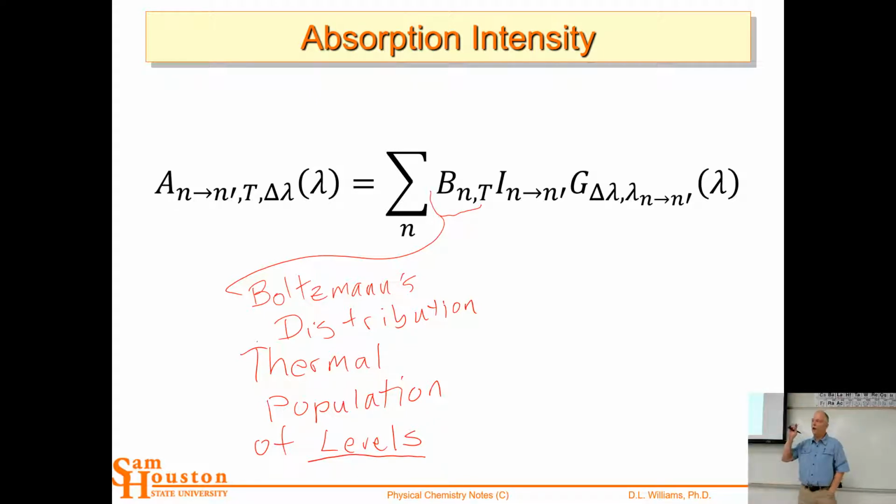For an atom to absorb light from a given energy level, it has to be there. It has to be at that energy. Or for one to emit light, it has to be at that higher energy. So Boltzmann's distribution tells us the relative populations, the probability of being in an excited state or in a ground state. And so if you heat the system up, you're going to have more probability of atoms being in the excited state. So it's not like the population of electrons, it's just the probability of the level.